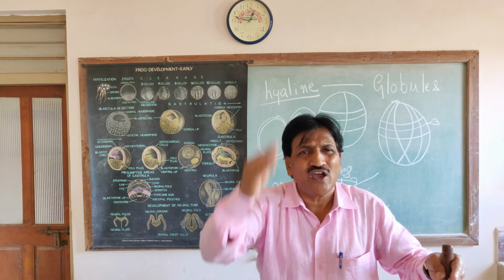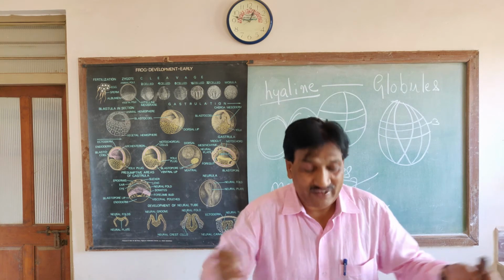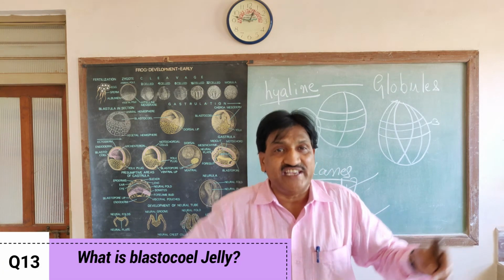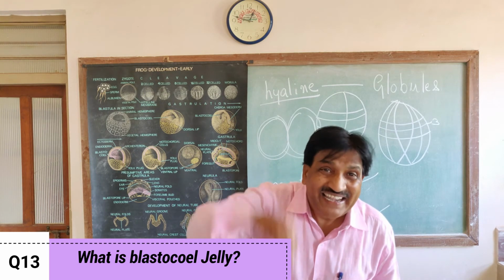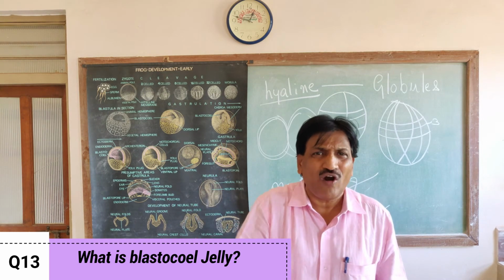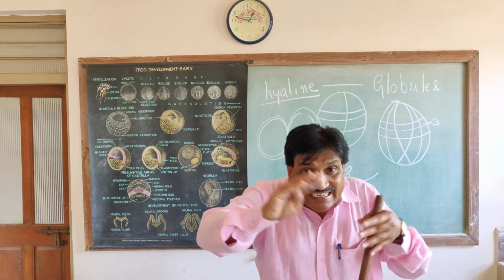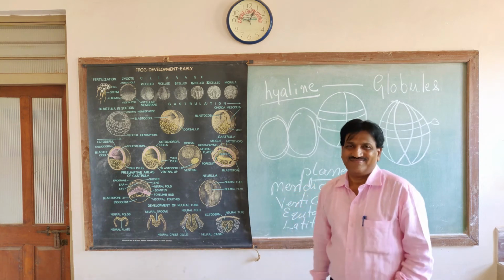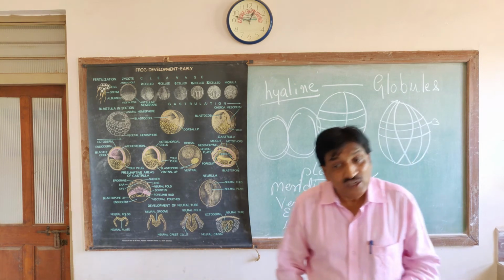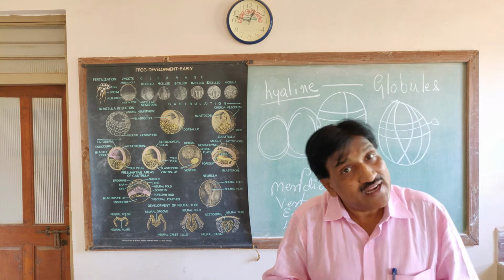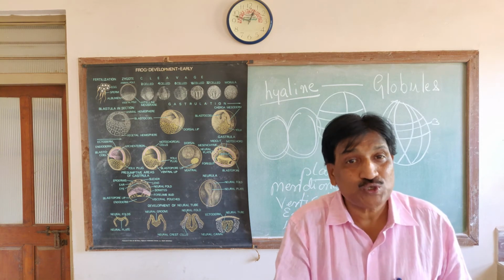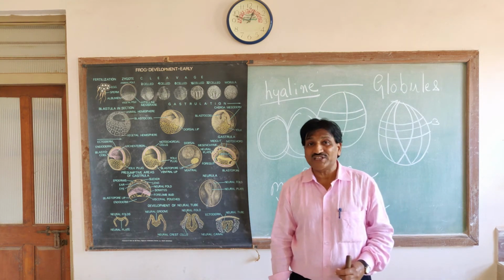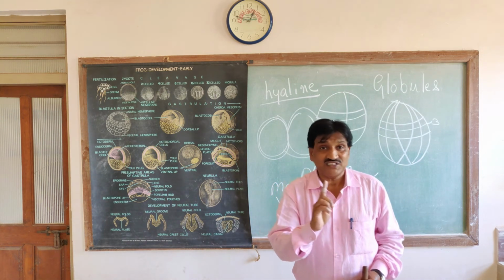That's why the blastula is hollow in nature, having a cavity. The size of the blastocoel gradually increases by the addition of a kind of albuminous fluid secreted by the surrounding cells. That fluid is called blastocoel jelly.